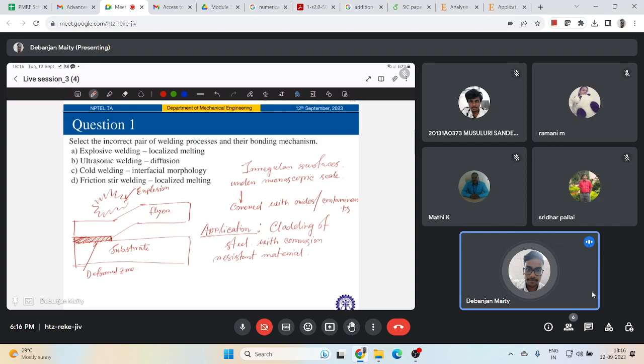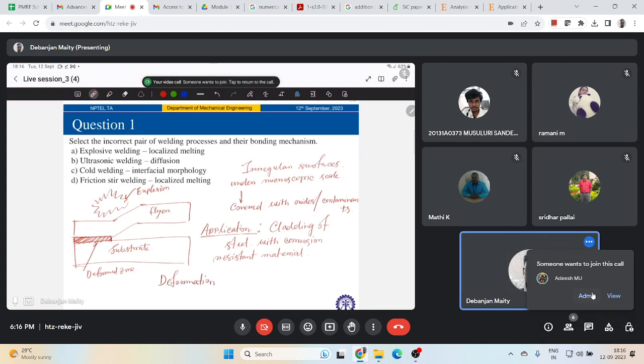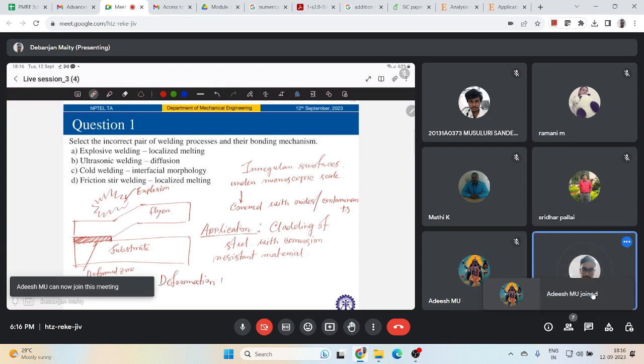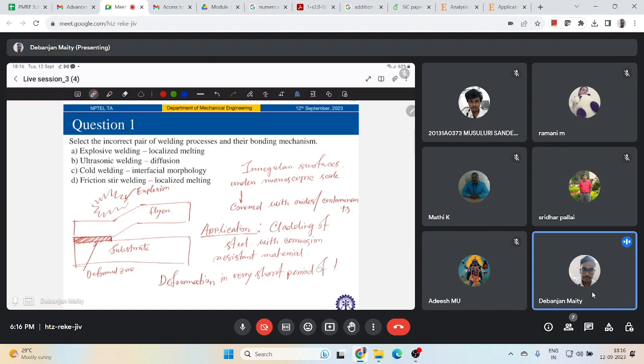Whenever you are doing deformation in a very short period of time, strain rate plays a very important role, right? Your stress will be a function of both strain rate and temperature.